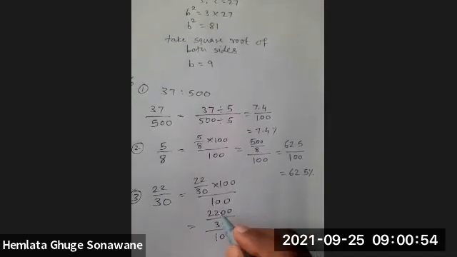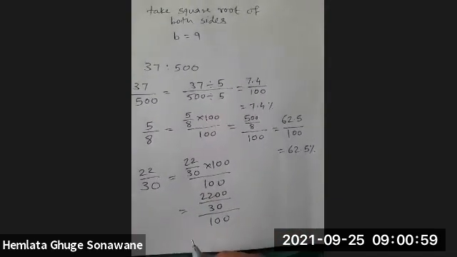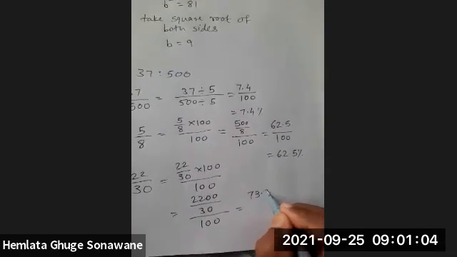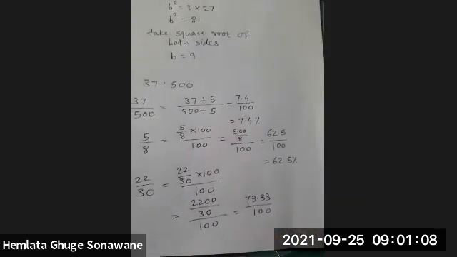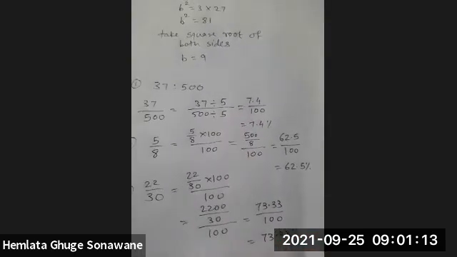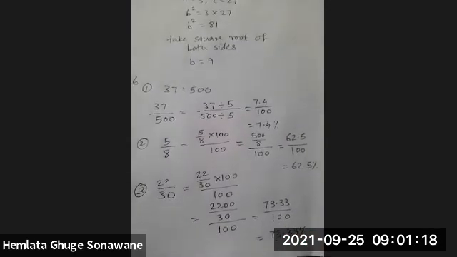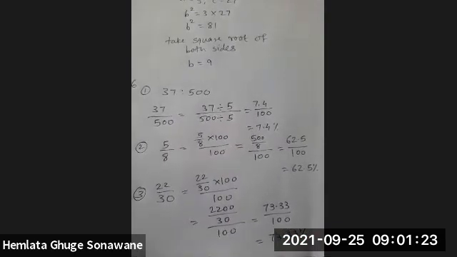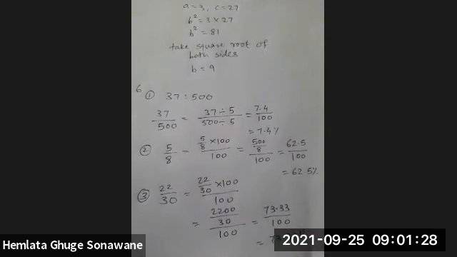We'll divide 2200 by 30. So it becomes 73.33 upon 100. So we'll write it like this, 73.33%. In this way, you can convert any given ratio into percentage.